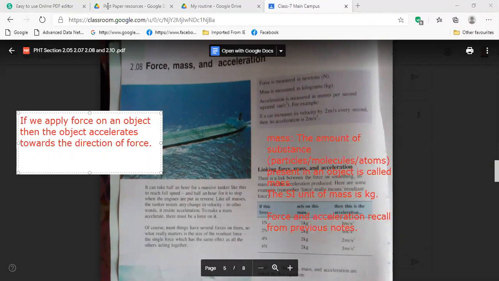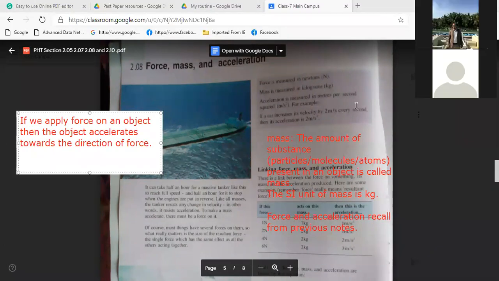So for a 1 kg book, you are applying 5 Newton force. It is accelerating. Now, if I ask you to give the same force to a 3 kg book, then the acceleration will be more or less? Less. Very simple, right? So acceleration depends on how massive the object is, how heavy the object is.